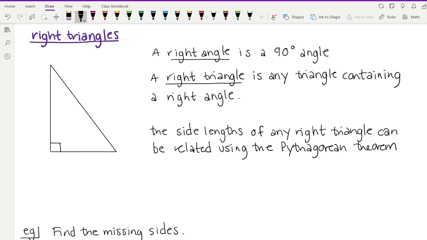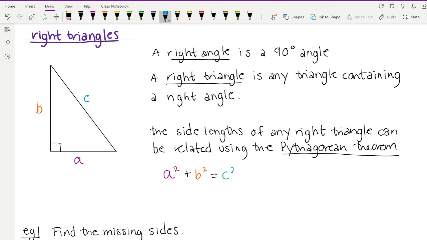So what does the Pythagorean theorem say? Well, before we write it down, let's label some things on this triangle. If we call this side of the triangle A and this side B, and then this side here C, the Pythagorean theorem says that A squared plus B squared is equal to C squared.